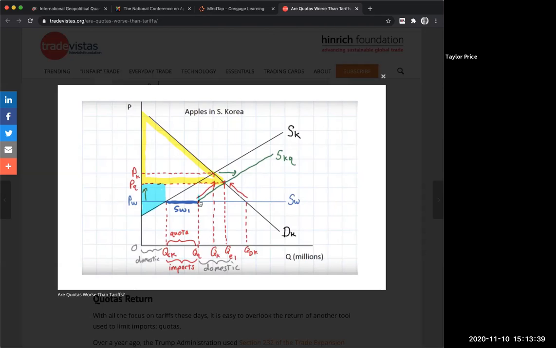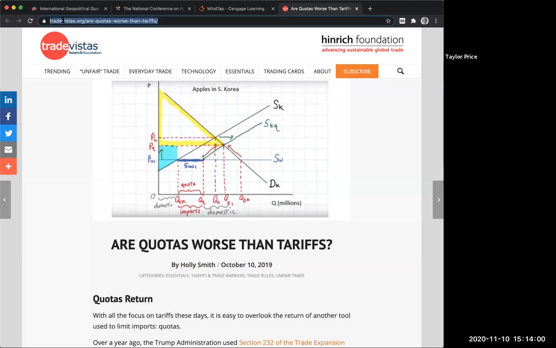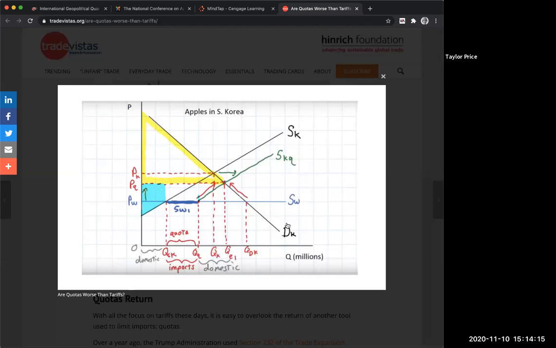Then you have this piece right here, which is effectively the domestic again. Because the quota is on these, this is going to be domestic production from this point to this point. So those are two different ways to look at the graph. I'll put this in the chat as well, if anyone wants to take a look at it in a little more detail, because I think it's an interesting way to look at it.